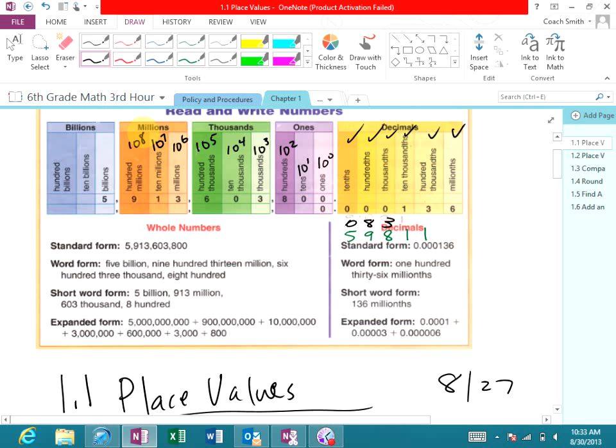You will see that we increase the exponent by 1 as it goes to the next place value. So, if this is 10 to the 0, then this has to be 10 to the negative first power. This one has to be 10 to the negative second power. This one has to be 10 to the negative third, so on and so forth.